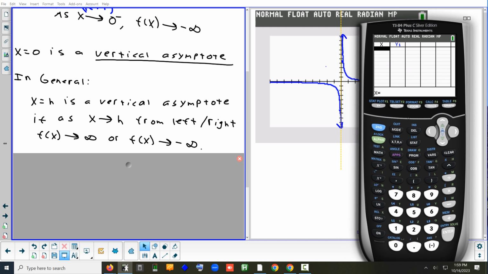So let's try the number our vertical asymptote is at. Raina, what number is the vertical asymptote at? 0. Yeah, it's at 0. Well, what does it say when I try to do the vertical asymptote? Error.